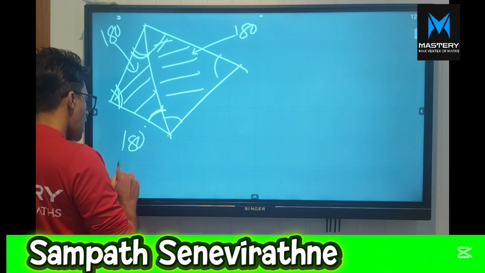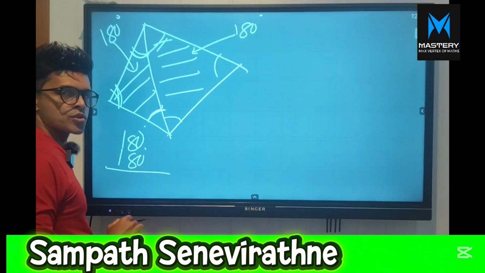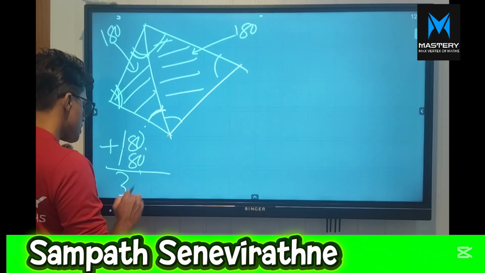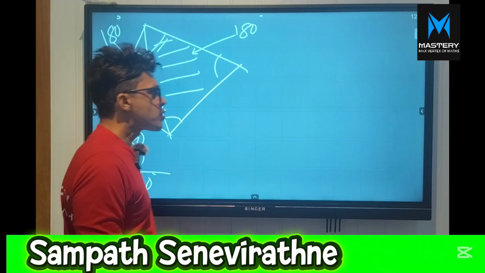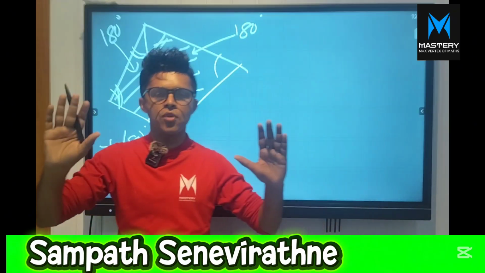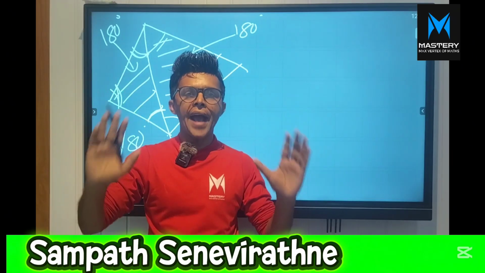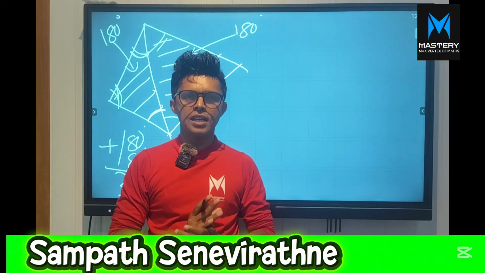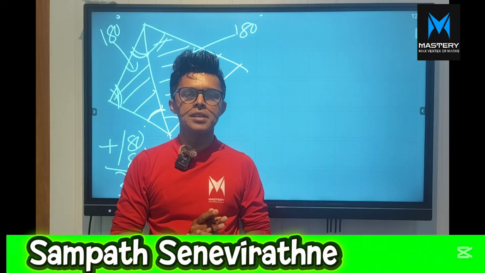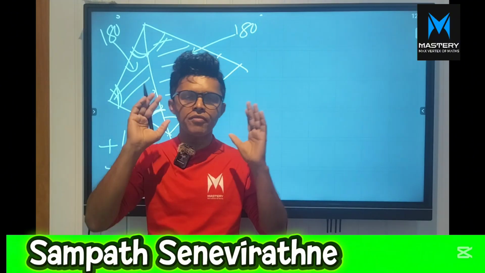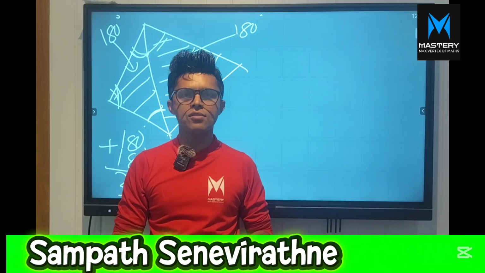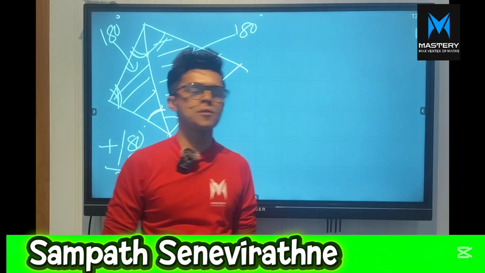So there are two triangles in this quadrilateral, and 180 plus 180 is 360. So the sum of interior angles of any quadrilateral is 360 degrees.